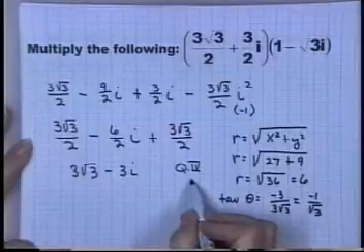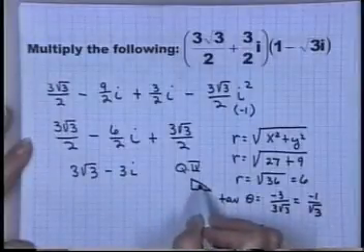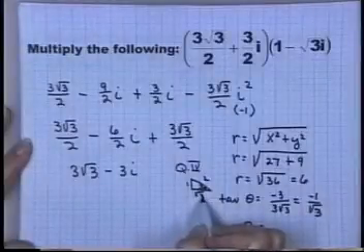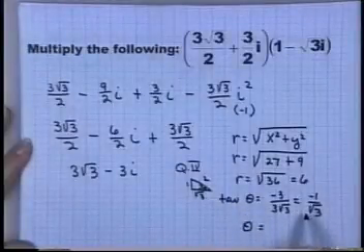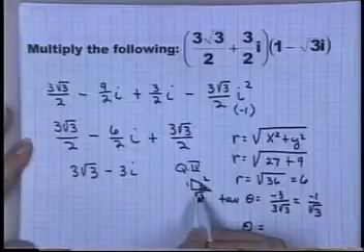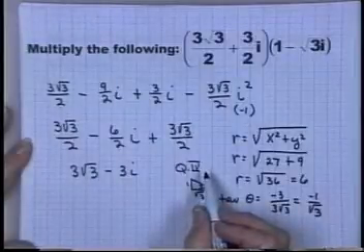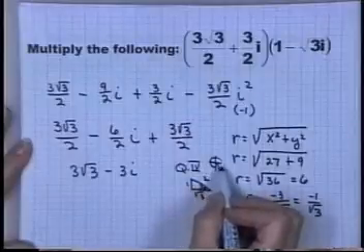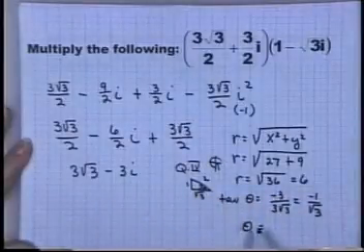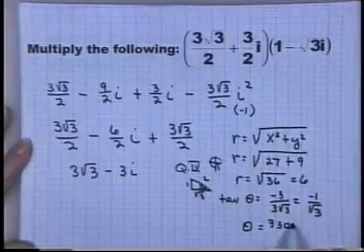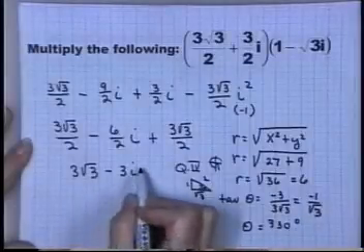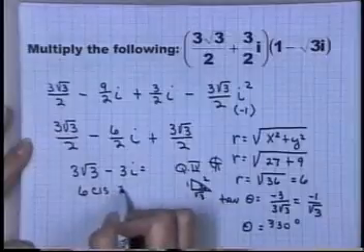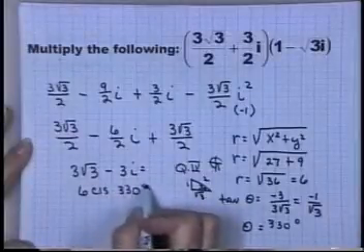So, let's think about our special angles. If you have your 30-60 triangle, if the tangent is 1 over the square root of 3, that's the 30-degree angle, but using it as a reference in quadrant 4, you would come around, have 30 degrees left, so that would be theta is 330 degrees. So this is equivalent to 6 cis 330 degrees.